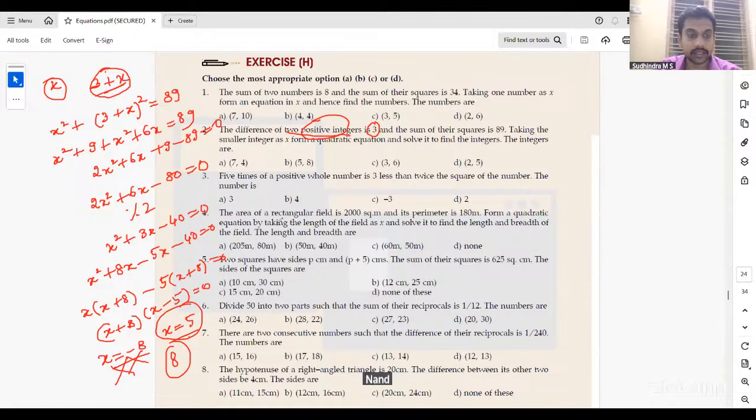Nandita Bhatt, correct. Annapurna Naik, correct. Vikshita, correct. Puneet, correct. Shriram, correct. Sneha Naik, correct.